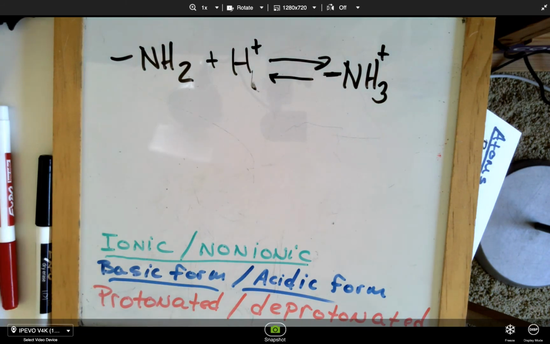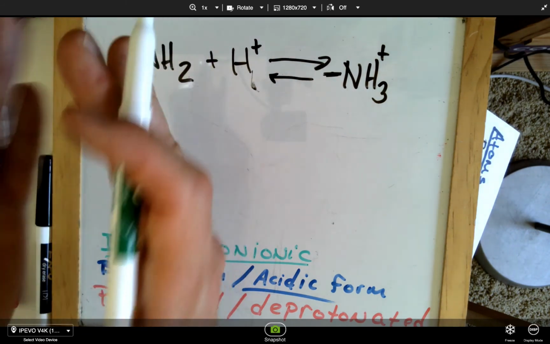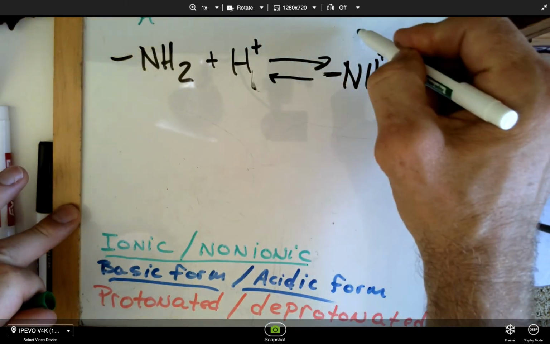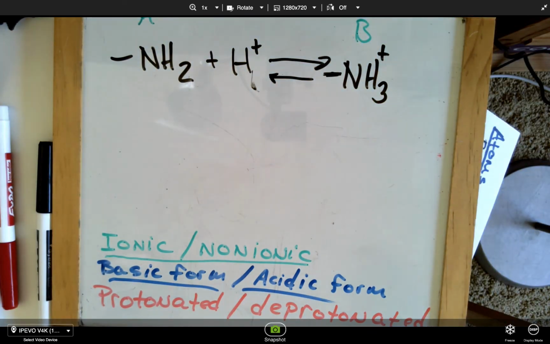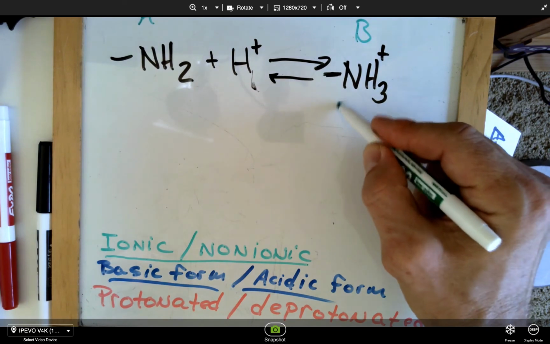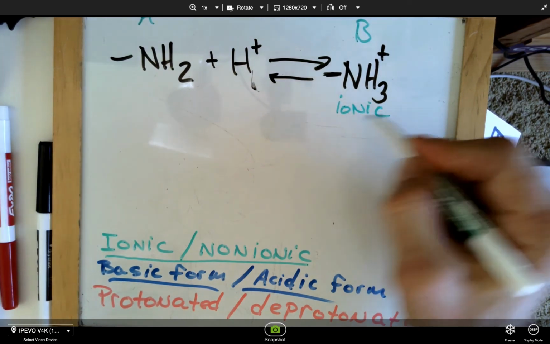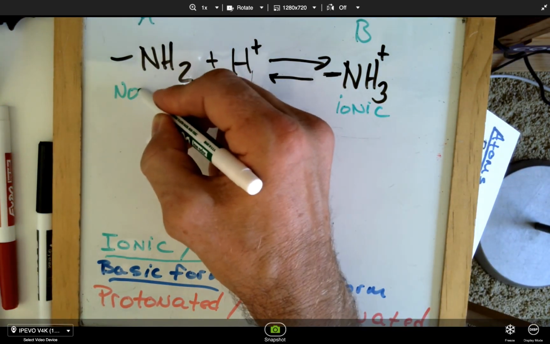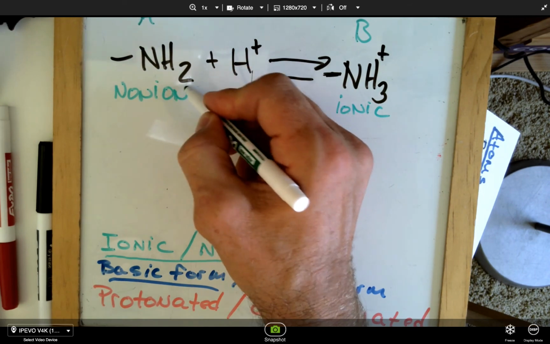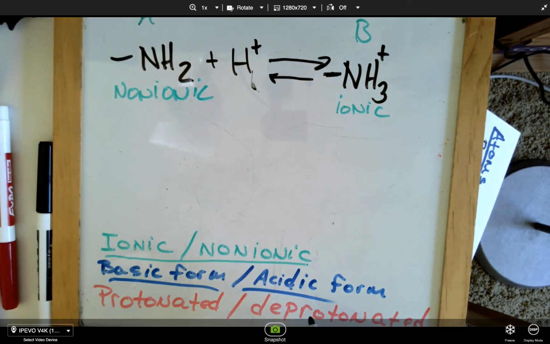Ionic. Which one, let's call this A or B, is in its ionic form? An ion means a full charge. There's our full charge, so this is ionic. Non-ionic. All right, let's look at our basic form, acidic form. Remember, let's start with the acidic form. The acidic form is the form that can donate, that hasn't donated it already.